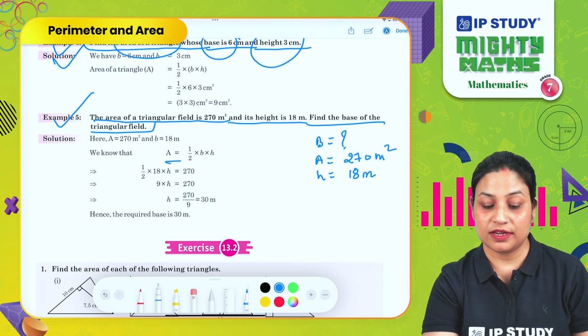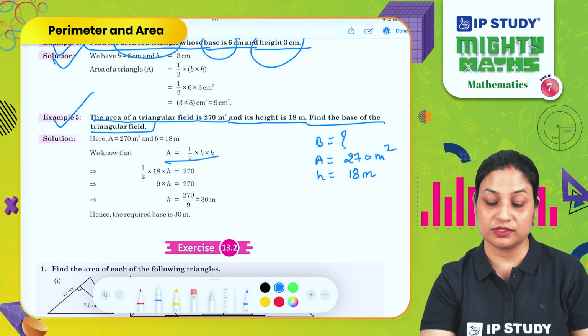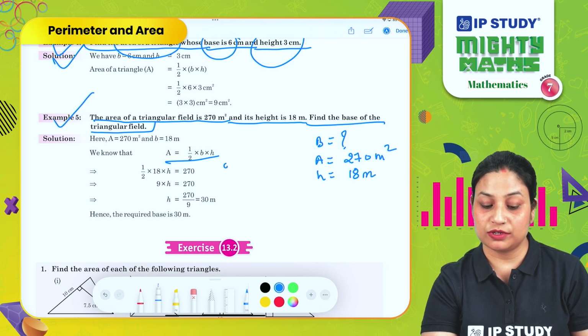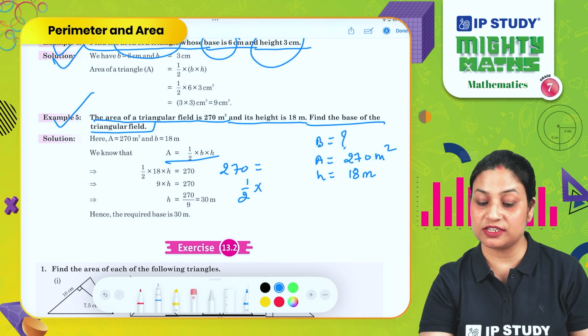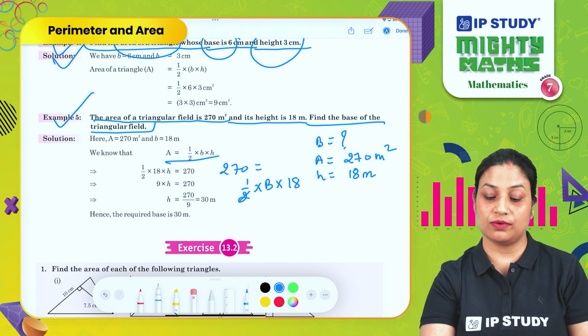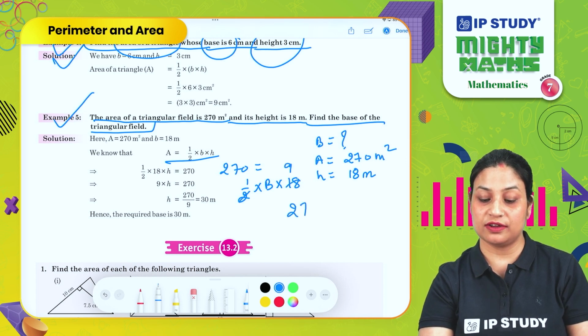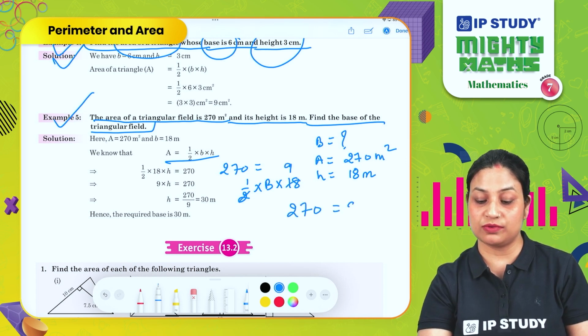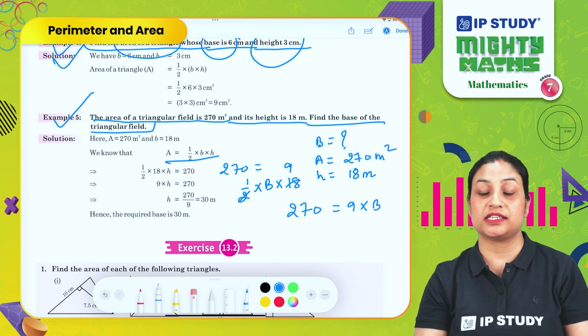So in this formula, I am going to put all the values. So 270 is equal to half into what is my base? Base we have to find out. And what is my height? It is 18, right? So I will be left with 270 is equal to 9 into B, base.